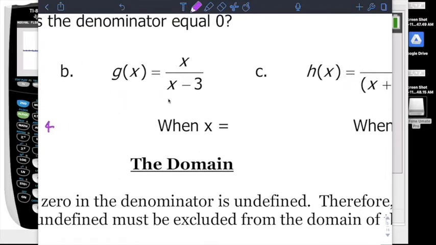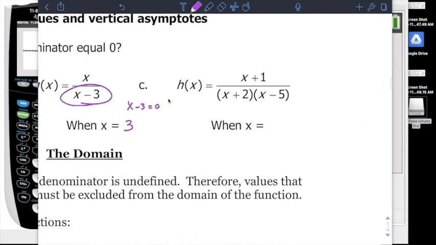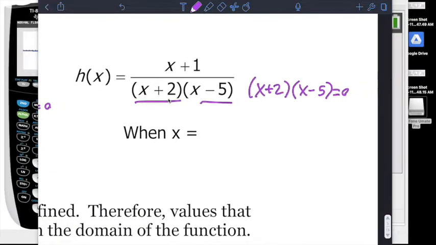Okay, with b, kind of the same idea. You take the denominator, whatever it is, x minus 3, you set that equal to 0, and then you get x equals positive 3. So apparently there will be a gap there, or a vertical asymptote there as well. Okay, with c right here, since you have two things, you take both of your binomials, x plus 2 and then x minus 5, you set those equal to 0, which really you can just set them individually equal to 0.